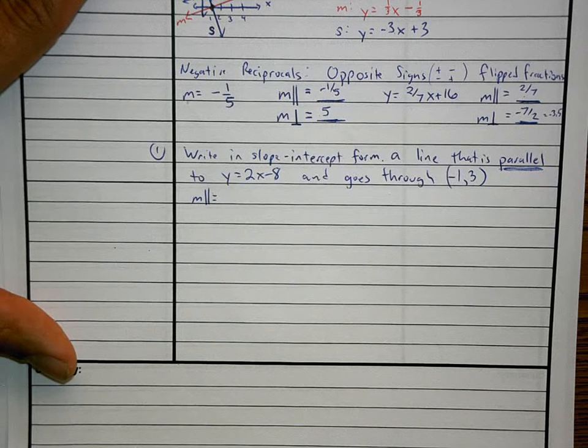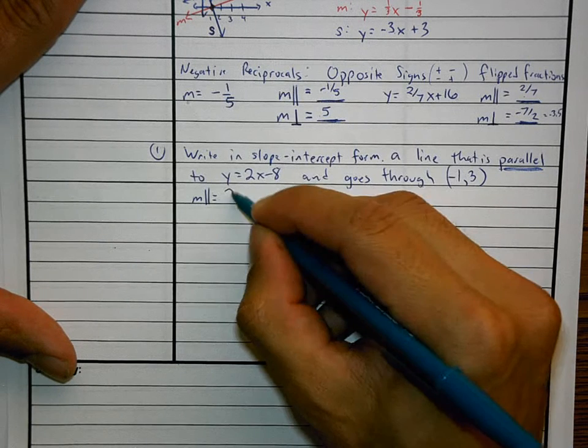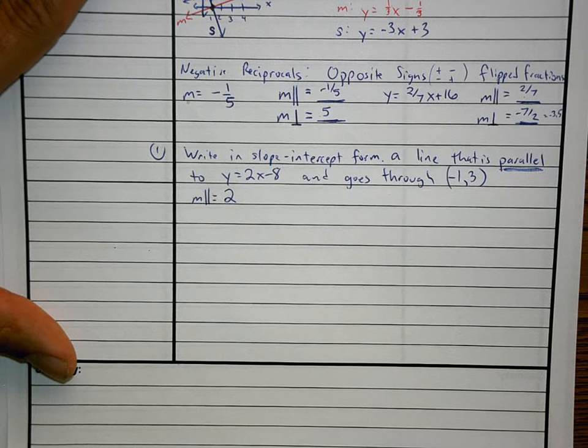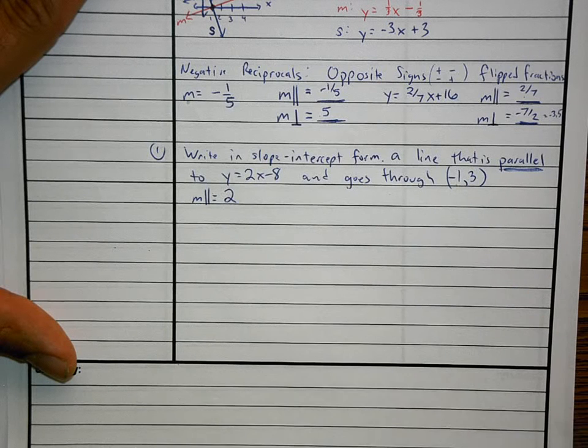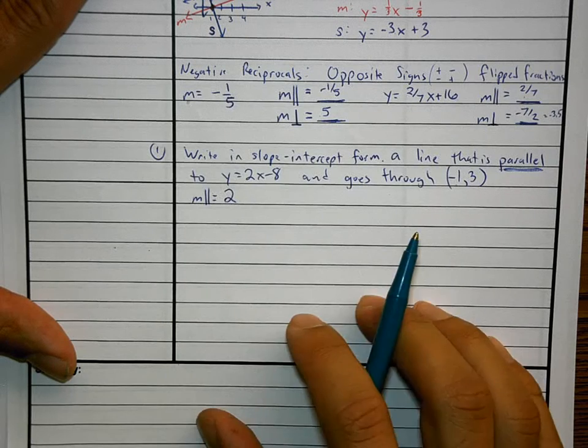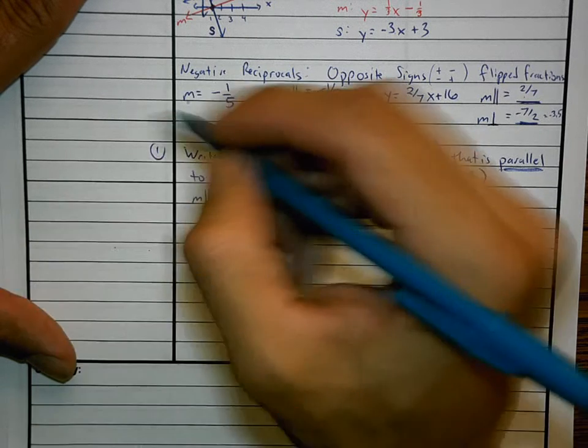Cece, what is the parallel slope for this particular line? 2. I agree. It is 2. It has to be 2. And it says it has to go through this point, negative 1, 3. So what I would recommend you do is use point slope form to write it down. If you forgot point slope form, I'm going to write it over here.